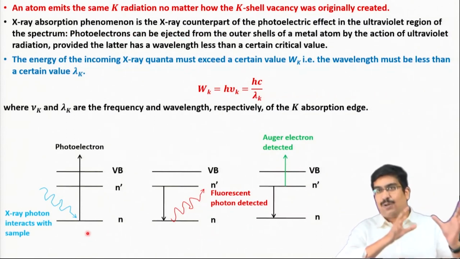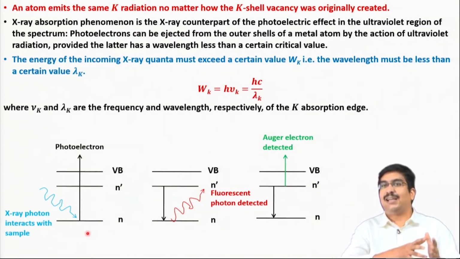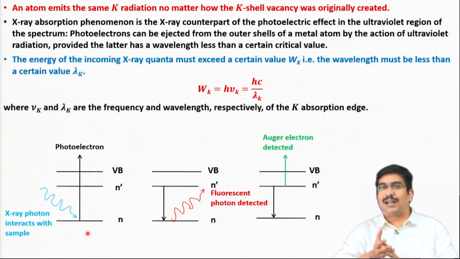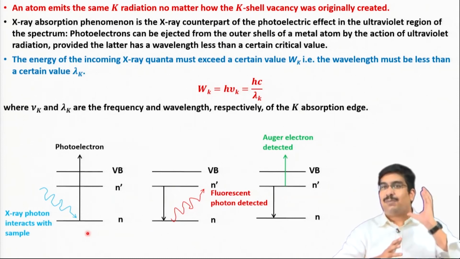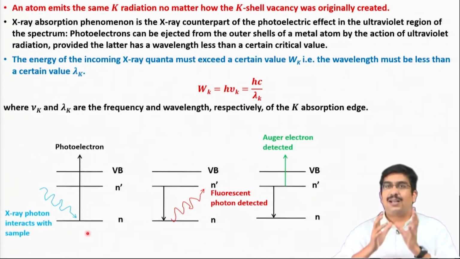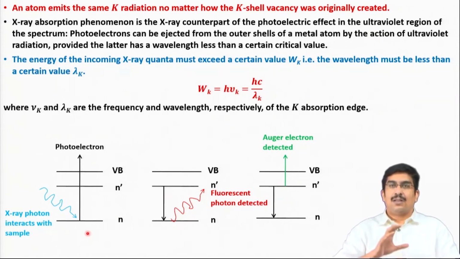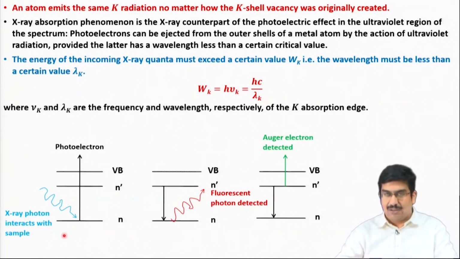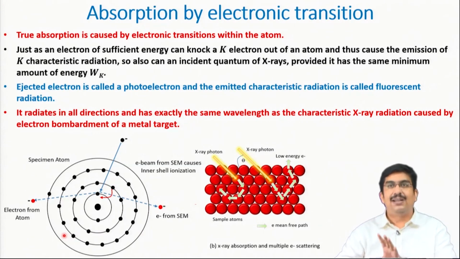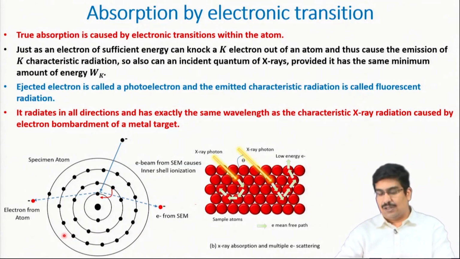In the process of generation of characteristic X-ray, the electrons come and hit the metal target, exactly the same process, but now, instead of electrons, we are considering the X-ray photons here. So basically this means an atom emits the same K radiation. It's called fluorescent radiation, but it's basically an X-ray radiation only.